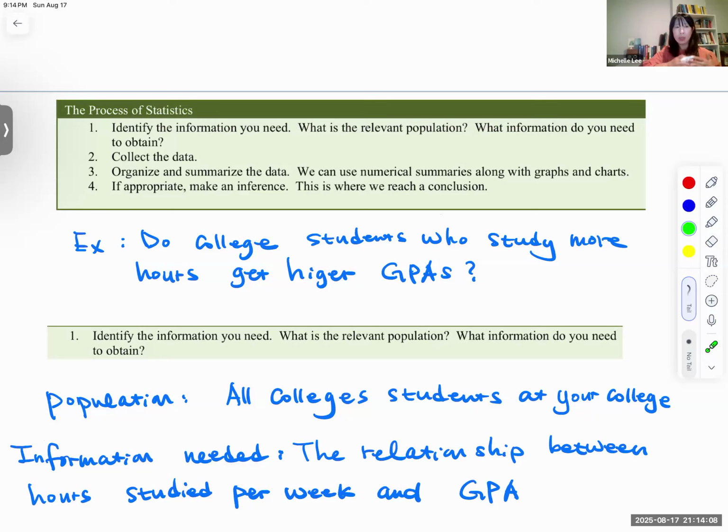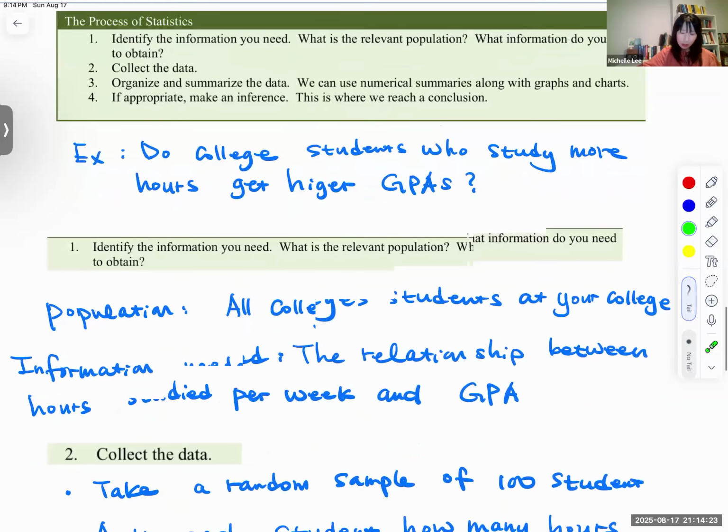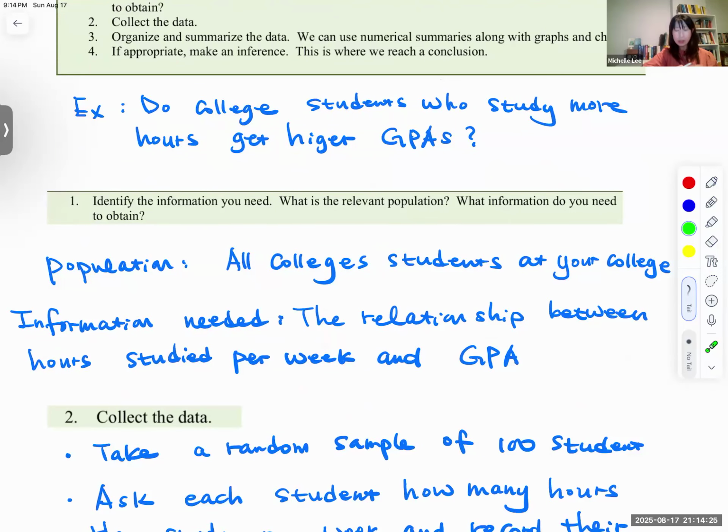It could be all people or all items, all objects, right? So in that case, all college students at your college, yeah. And information needed is the relationship between hours studied per week and their GPA, right?